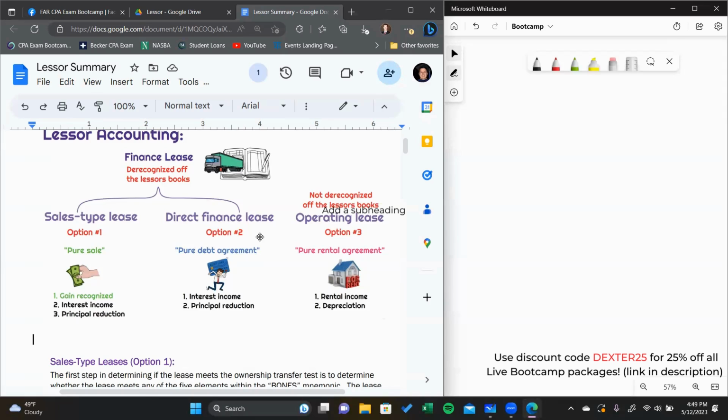Now, the direct finance lease is like a pure debt agreement. Imagine that we're just borrowing money. Or sorry, that we're lending money. We would record interest income and then reduce principal. So instead of feeling like a sale, it feels more like a debt agreement where we're being paid interest, and then part of the payment reduces principal. And then an operating lease stays the same. It feels a lot like just a rental agreement.